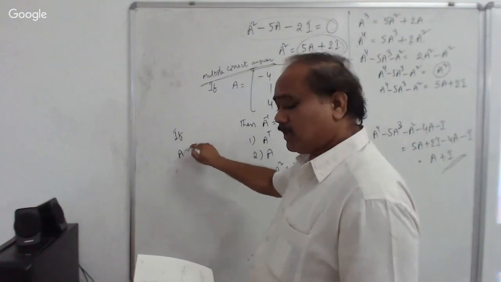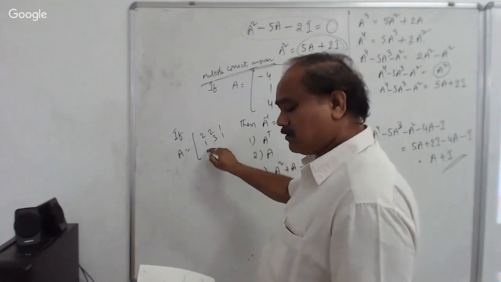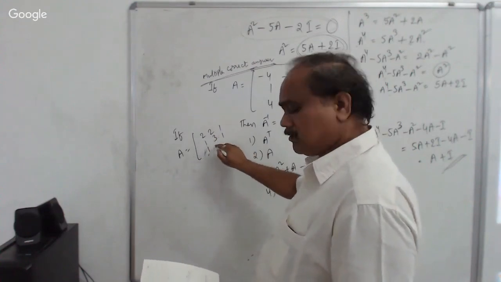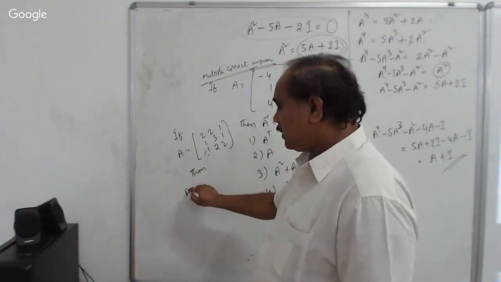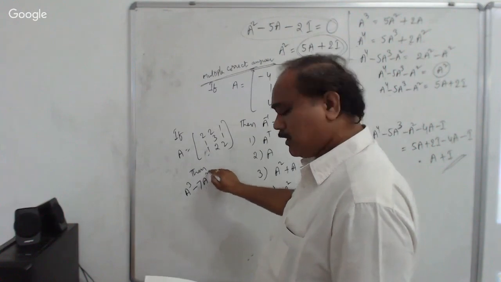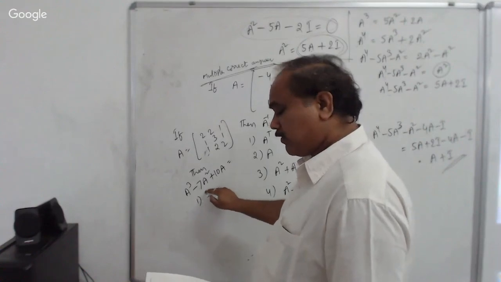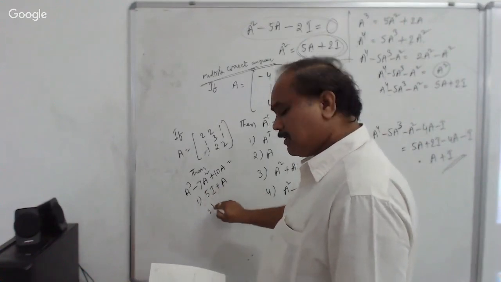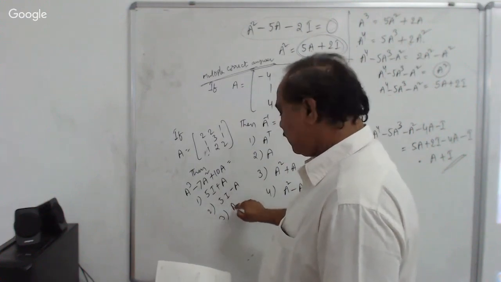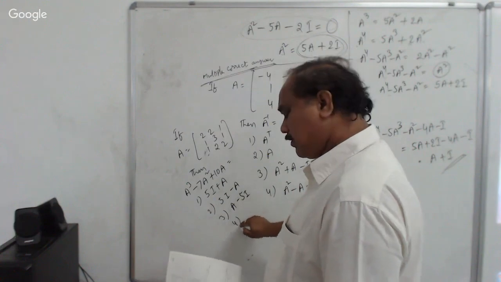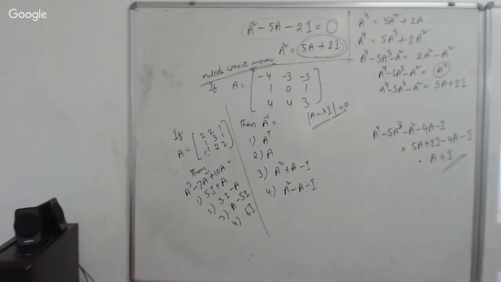If A equal to [2, 2, 1; 1, 3, 1; 1, 2, 2], then A cube minus 7A square plus 10A equal to dash. First option 5I plus A. Second option 5I minus A. Third option A minus 5I. Fourth option 6I. By using the same concept.